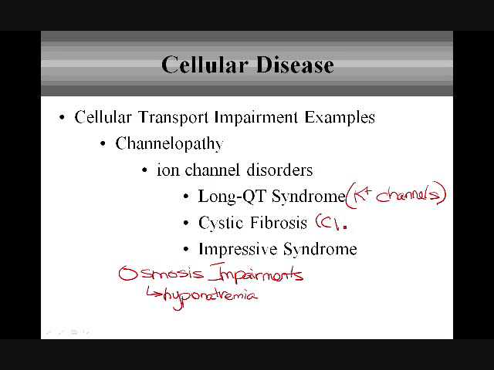While cystic fibrosis, just like long QT syndrome, the cells are specific to particular areas of the body, but cystic fibrosis is really about abnormal chloride channels, and because of those abnormal channels in the lungs, the airways, pancreas, and some other places, it actually winds up affecting the sodium channels.